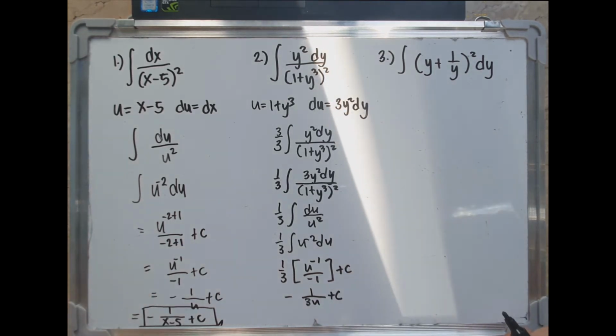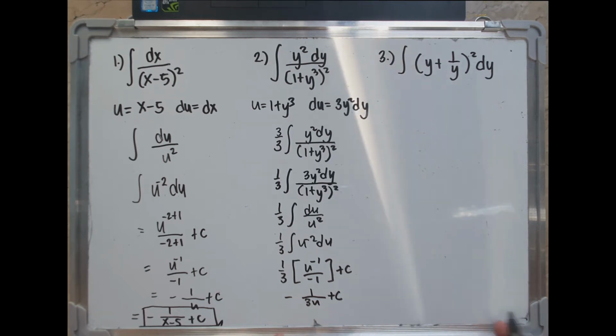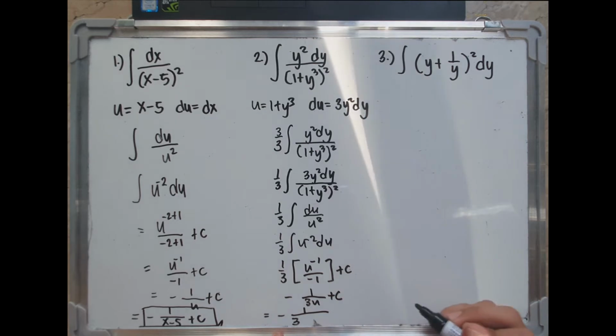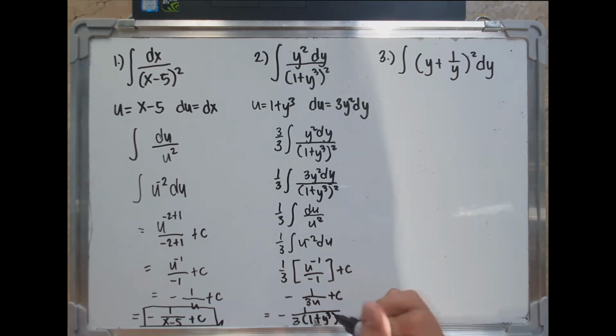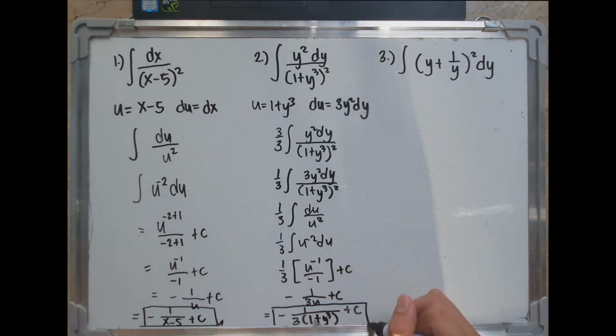It's not yet our final answer, because we have to substitute the value of u. Therefore, we'll be having negative 1 over 3 times, what is the u? We have the quantity 1 plus y cubed, plus c. Now this is our final answer.